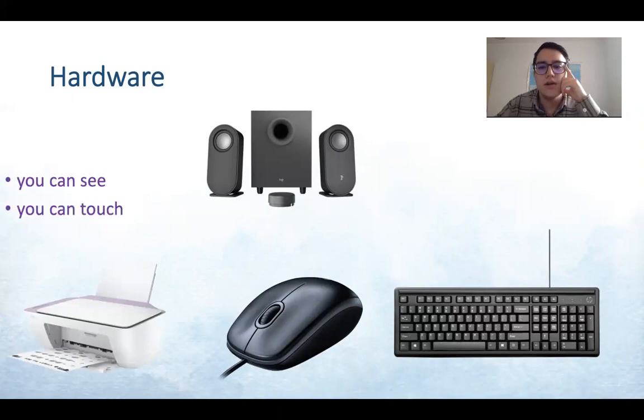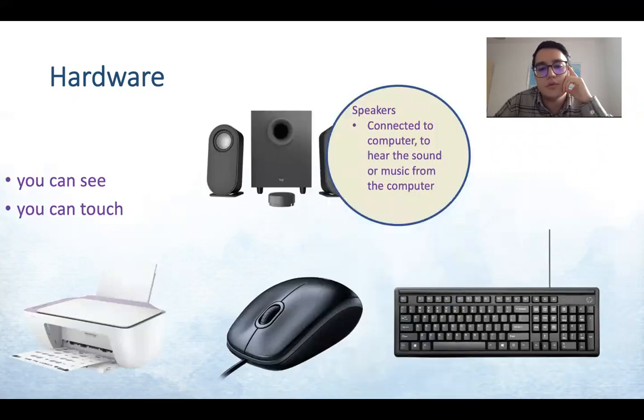Hardware. Now, what is hardware? Do you remember what hardware is? Hardware is anything that you can see and touch. It belongs to the computer, obviously, but it's the part of the computer that you can touch and you can see.